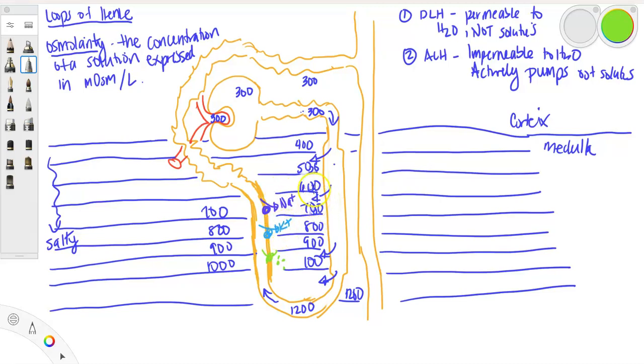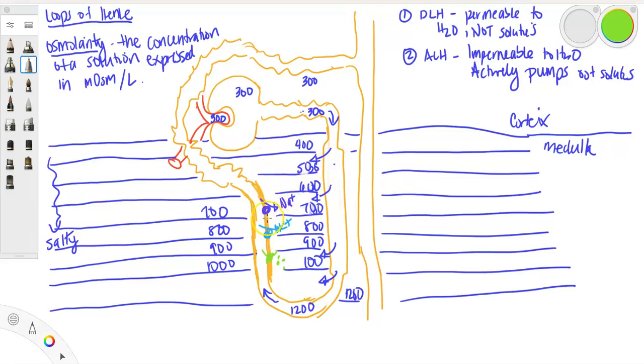So you can see how this gradient is maintained as the water's coming out, coming into the interstitial space. It's not making the interstitial space more dilute, because over here in the ascending loop right next door, we're pumping out solutes into the interstitial space.